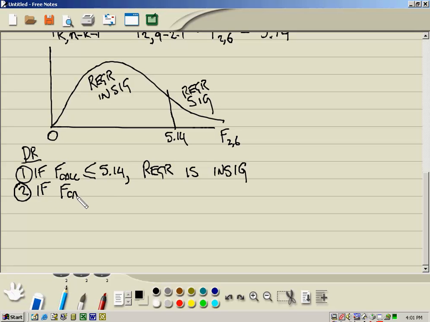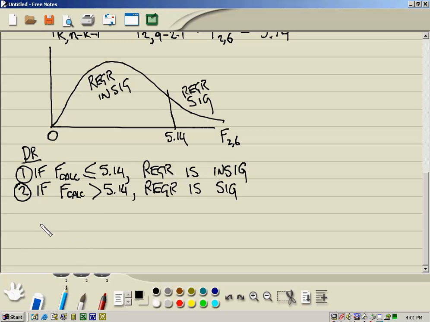Alternatively, if fcalc is greater than 5.14, alright, then we're far enough away from 0 and the regression we say is significant. There is sufficient explanatory power there in the regression to be useful for predictions and for explaining the y.